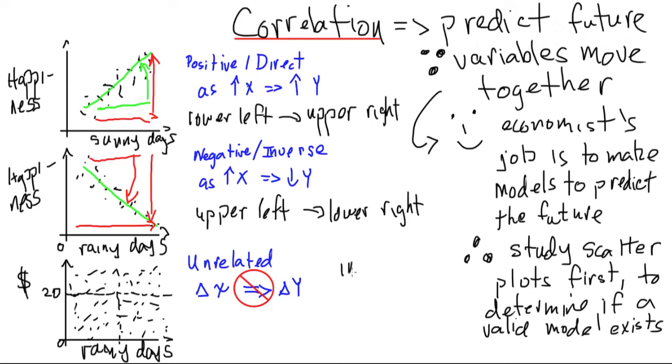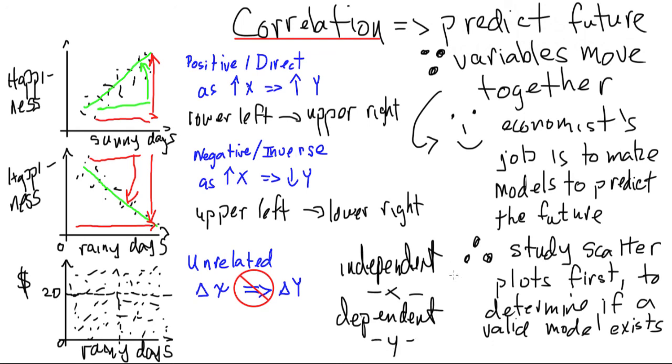That's the independent variable on the x-axis and the dependent variable on the y-axis. The independent variable causes change in the dependent variable. And that's how you think of correlation, how one variable affects another.